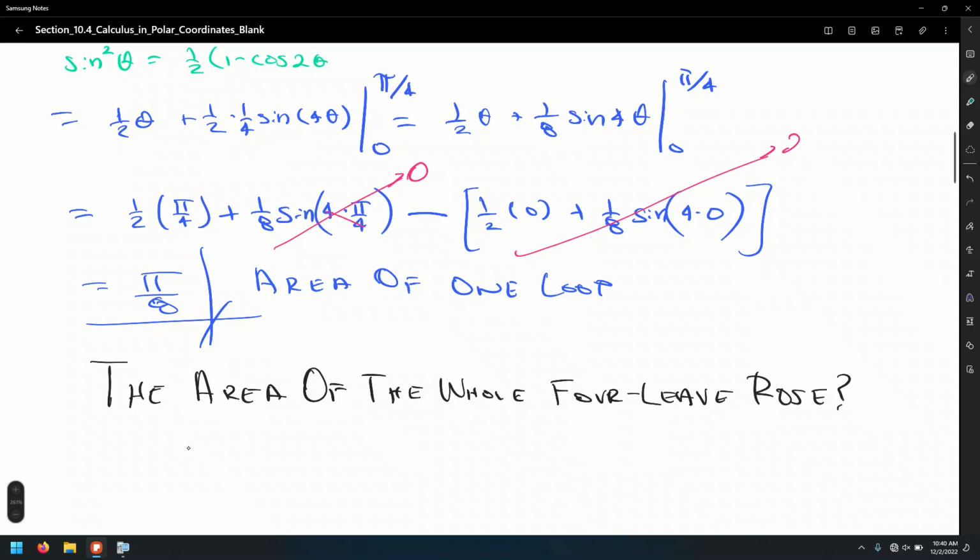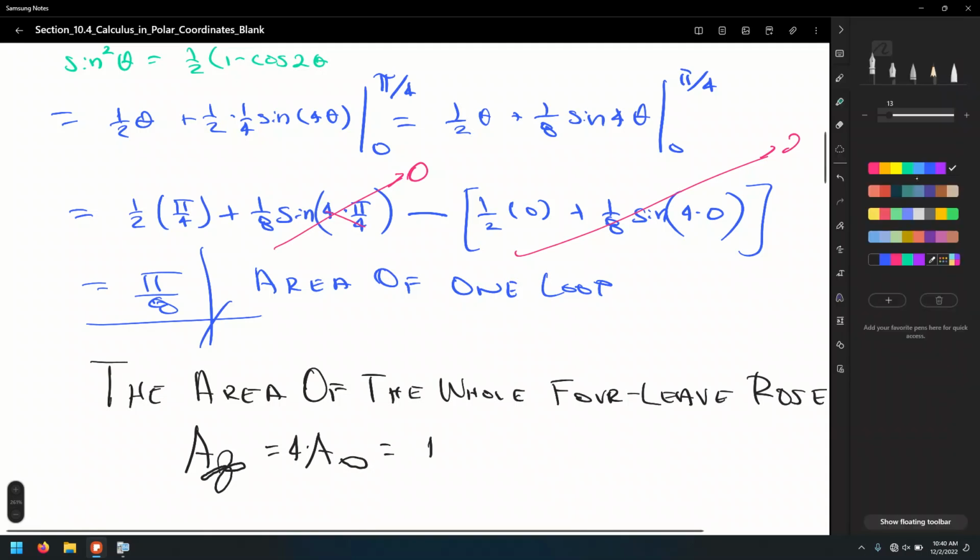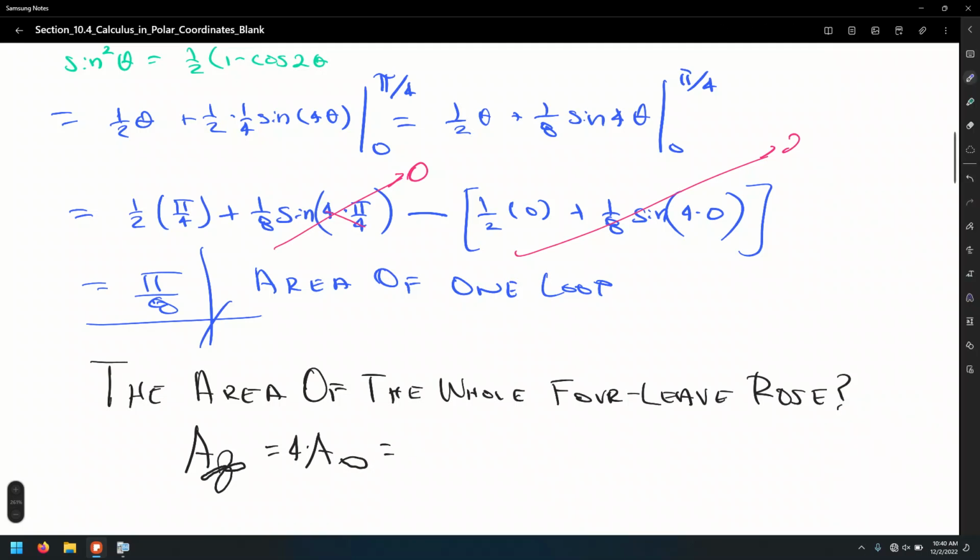So the area equals 4 times the area of one single loop. In this case, 4 times pi over 8, and the whole area is pi over 2. Okay? That's what it is.